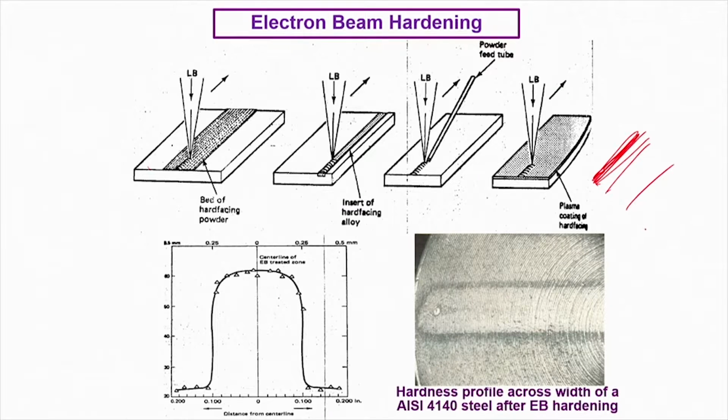So one layer is created like this, and the next layer will actually start somewhat in between. So there will be a certain overlap here, and that's what you see, with very nice geometric and precise bead sizes.